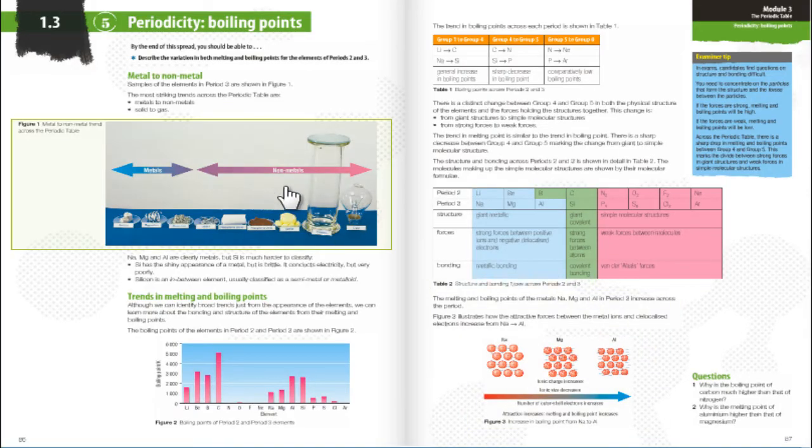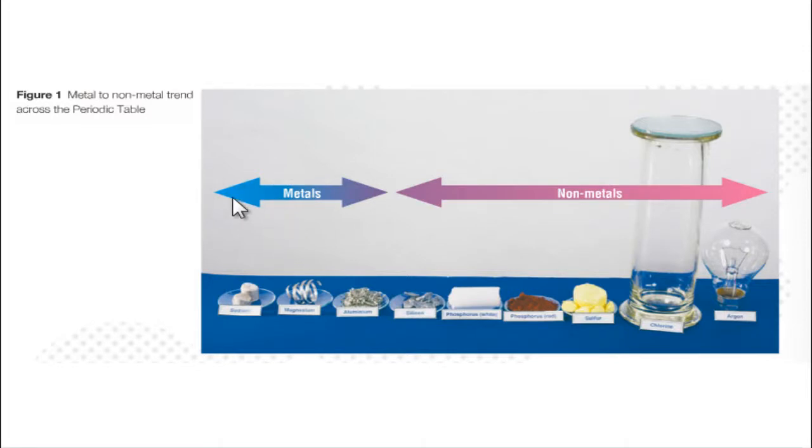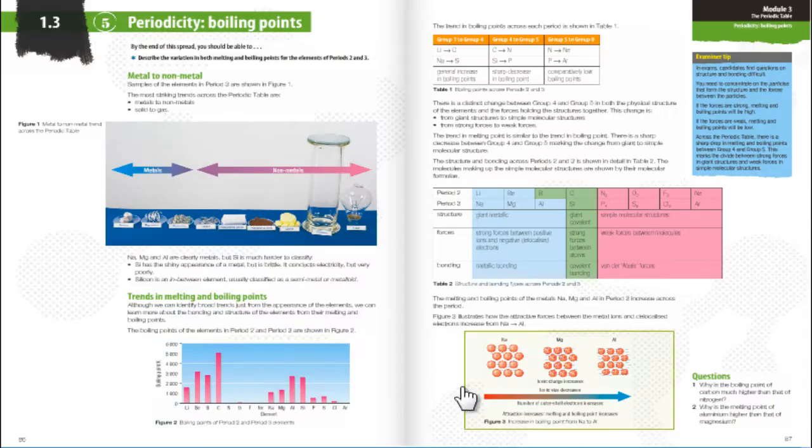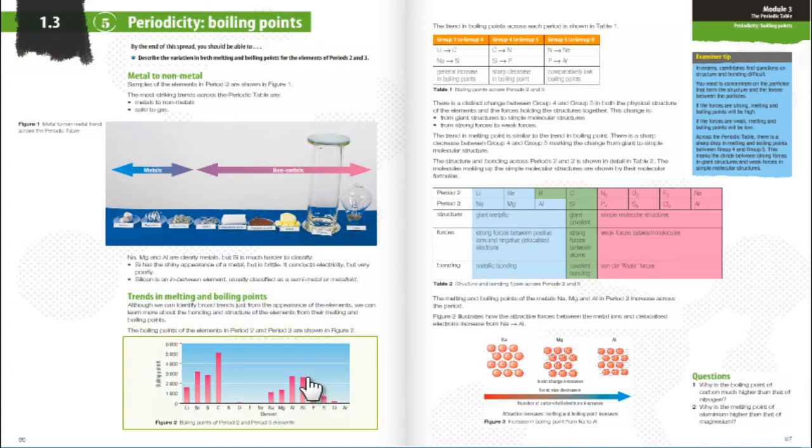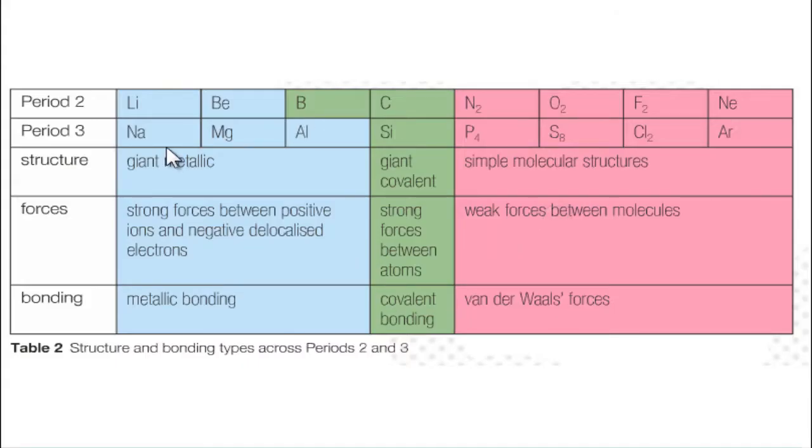So now we'll look at boiling points. So from metals to non-metals, this is across one period. It's like a sort of illustration of what it looks like. Now if we look at period 2 and period 3, giant metallic structures have strong forces between positive ions and negative delocalized electrons, and they have metallic bonding.